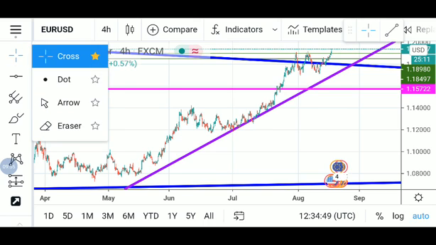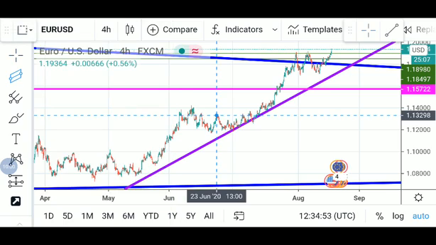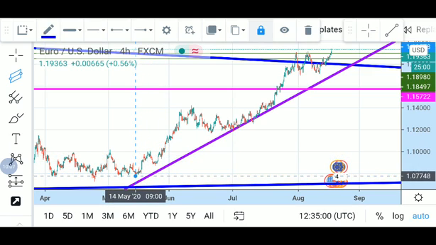Use the same tool, the second one down, click on it, scroll all the way down to the bottom. Okay, so I'm going to go from here to here.